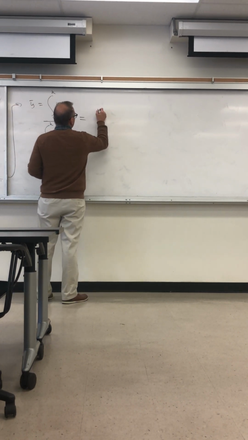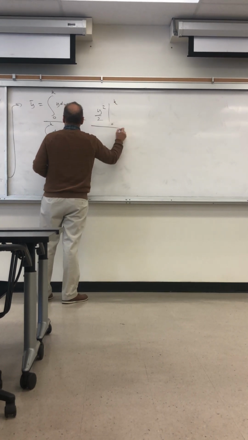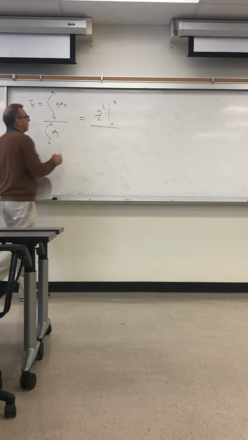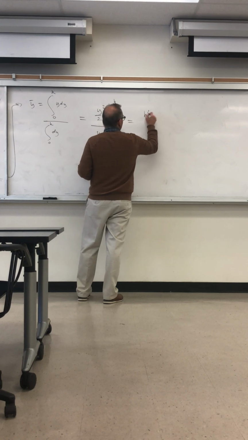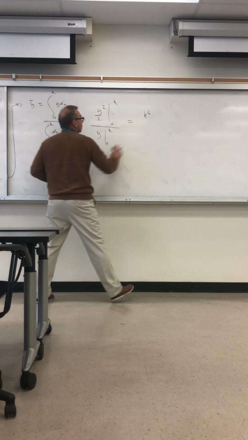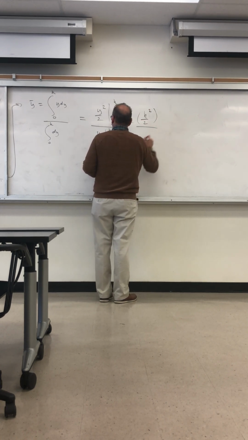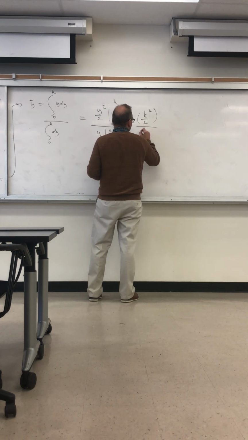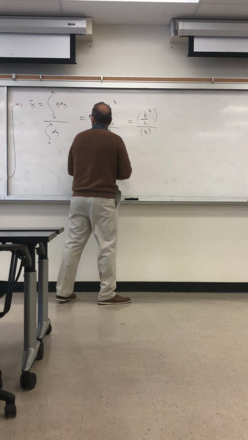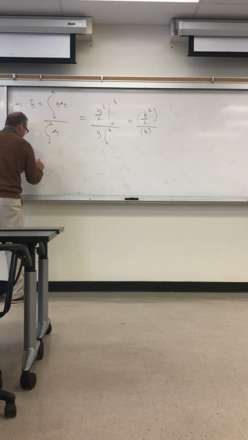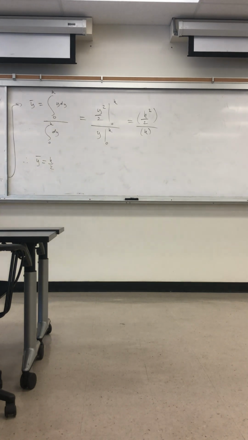So this is just y squared over 2 from 0 to h, divided by the integral of dy, which is y from 0 to h. Putting the limits in, that's h squared over 2, divided by h. One of the h's cancels, and therefore y bar is h over 2. Which is expected when we look at a rectangle.